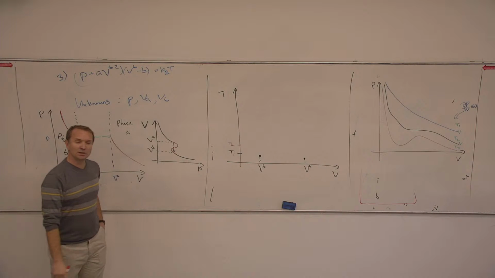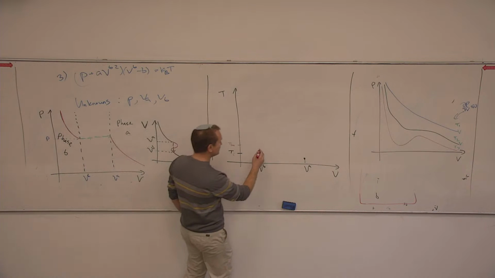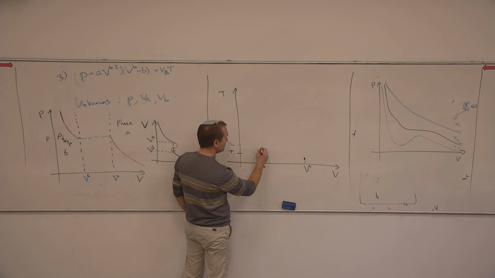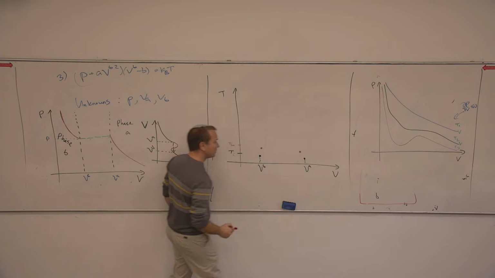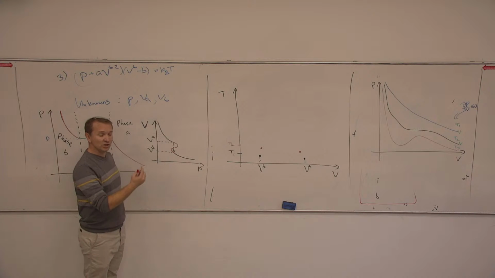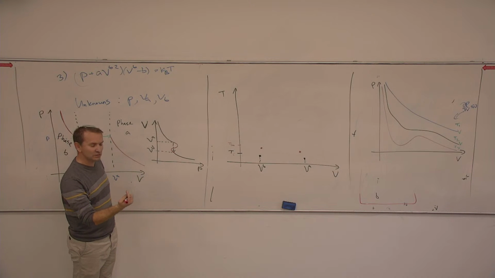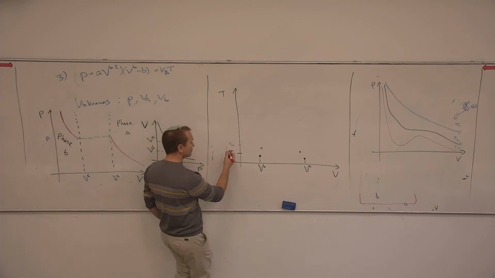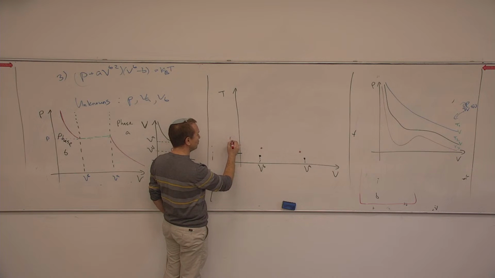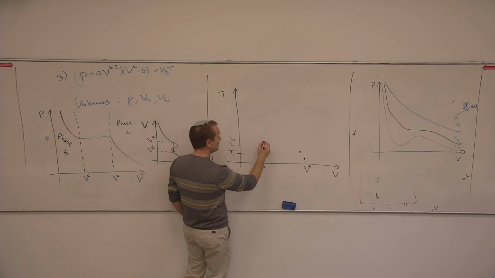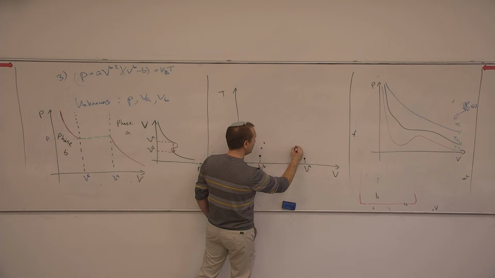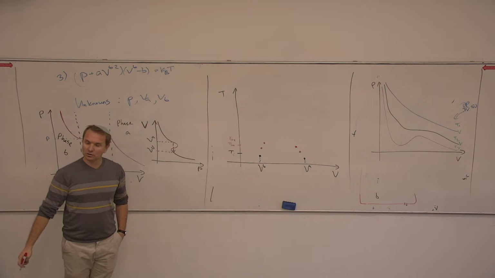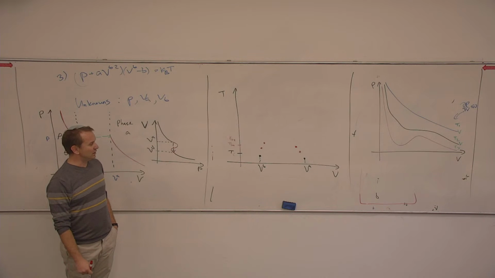I will increase my temperature a little bit, and I will find another two different points where the transition or the jump from one volume to another volume occurs. I will increase my temperature a little bit more, T_(i+2), and I will find another two volumes at which the jump occurs.